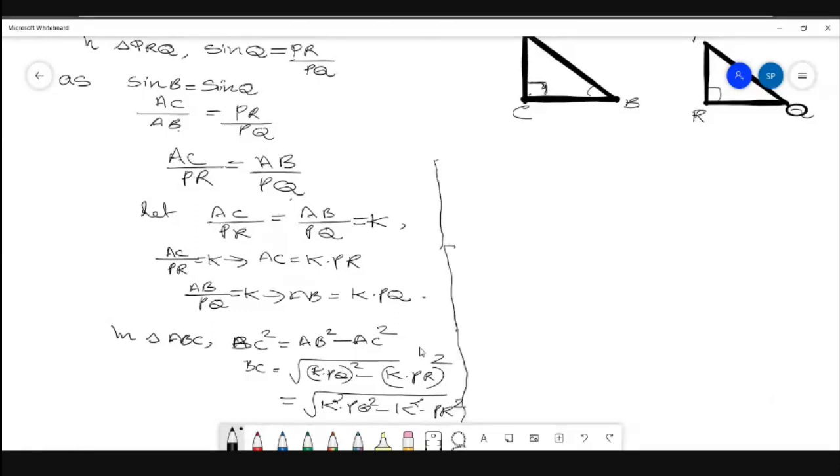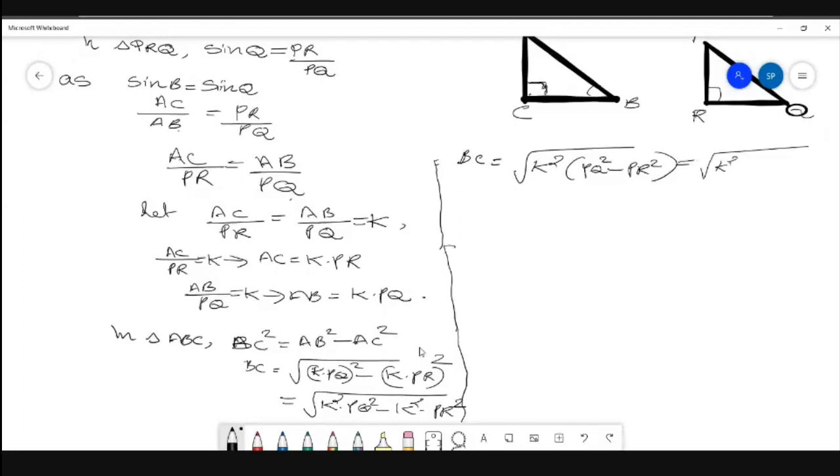Now, if you take the common factor, you can see that BC equal to root of K square into PQ square minus PR square.